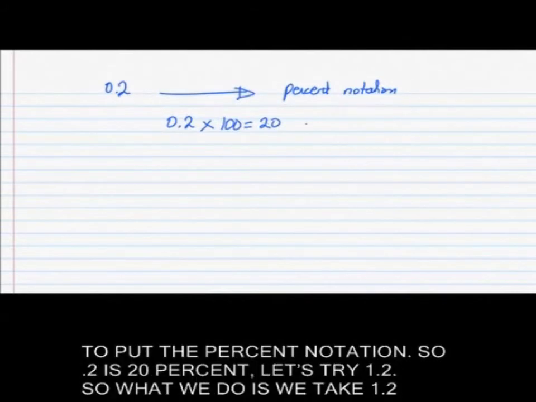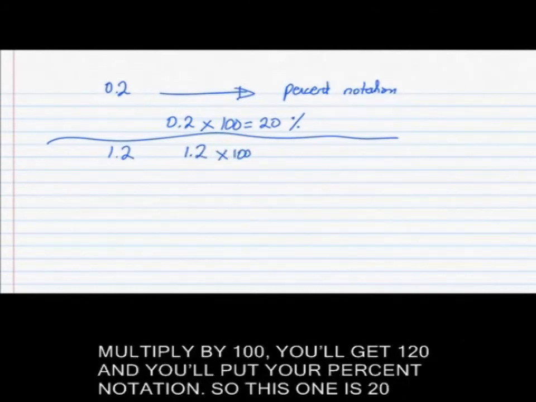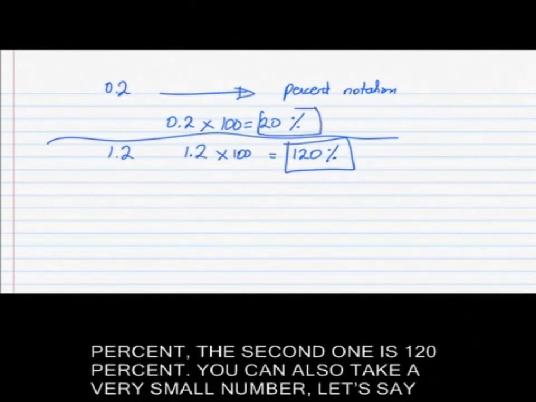And then you put the percent notation. So 0.2 is 20%. Let's try 1.2. We take 1.2, multiply by 100, you'll get 120, and you put your percent notation. So this one is 20%, the second one is 120%.